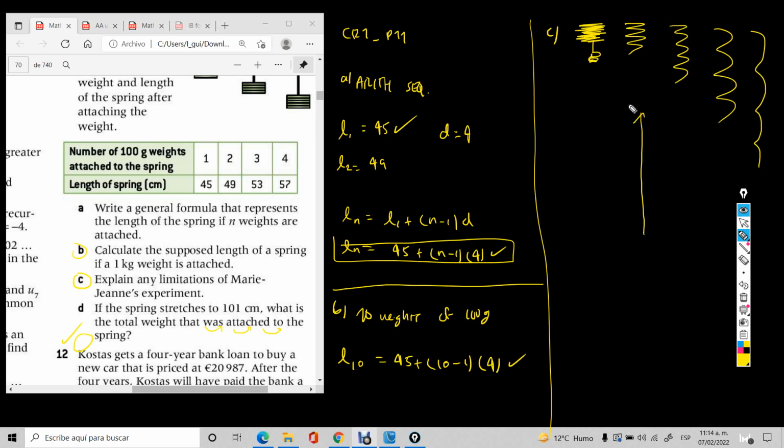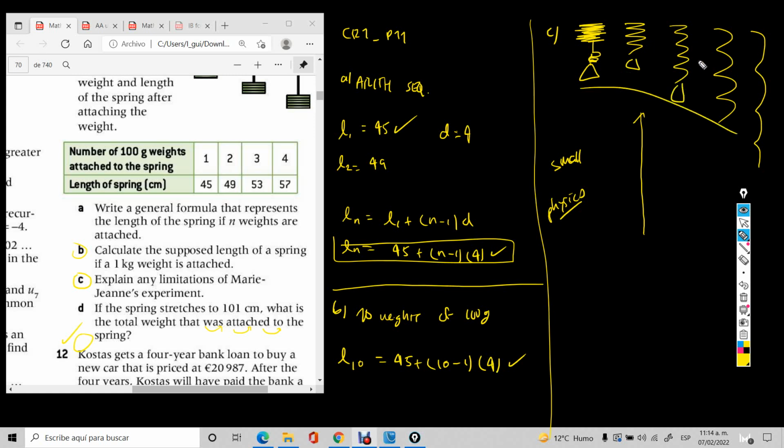And at this time, guys, this sequence may stop working because of the properties of a spring, and this is physics that I'm talking to you about. The properties of a spring are only conserved for small forces that you put on them. In this case, the weights that you're attaching to the spring.